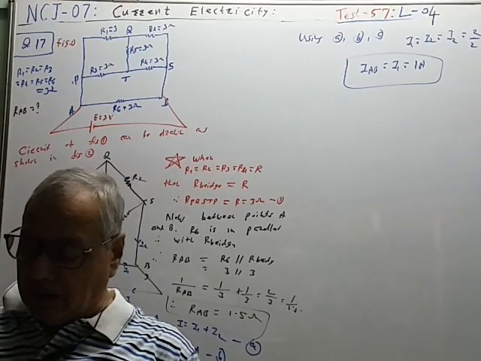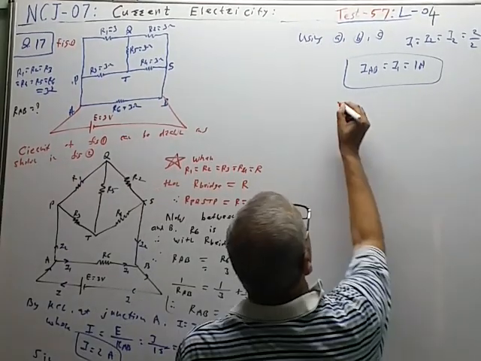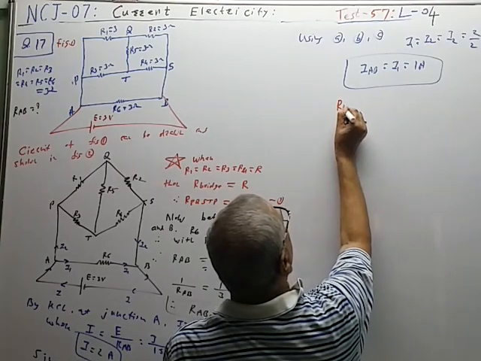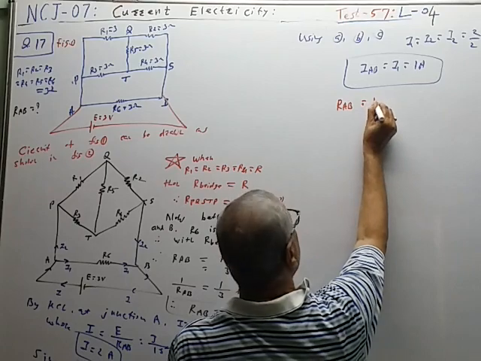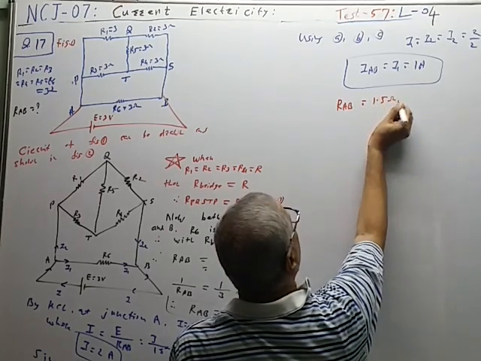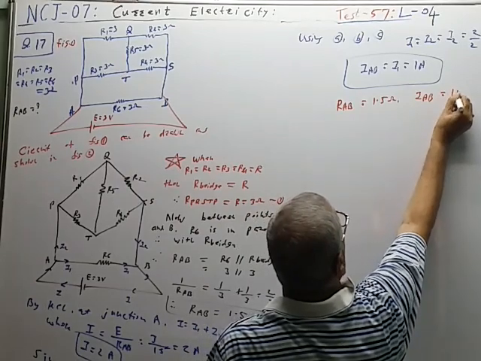So therefore D choice is correct. So the answer is RAB is equal to 1.5 ohm and IAB is equal to 1 ampere.